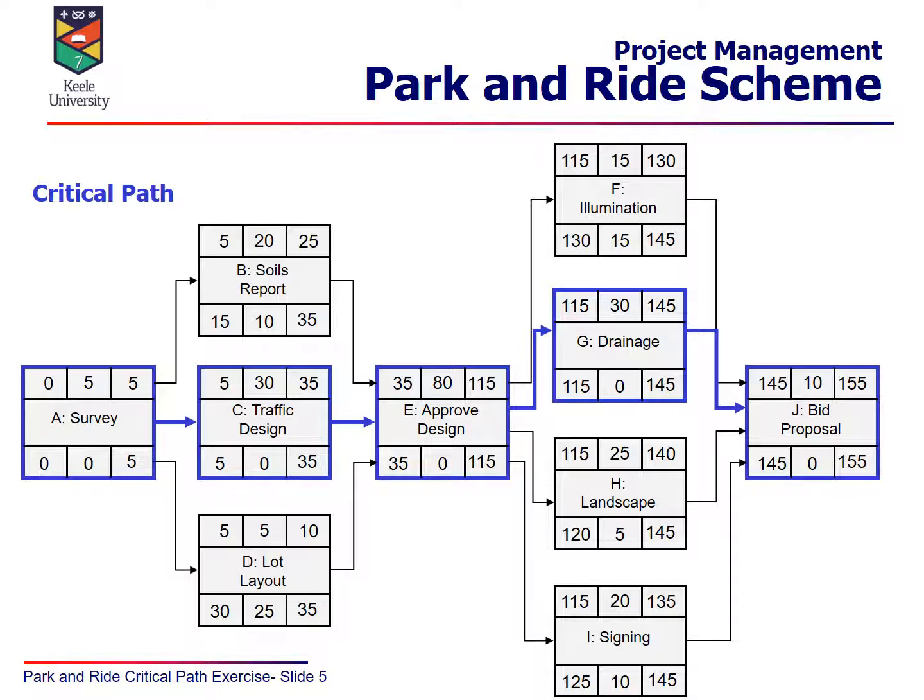This is why it's called critical. Things must be done in that time. So if we delay any activity by a day on that route, on that path, that actually puts the project behind. Or likewise, if we want to reduce the time of the project, those are the activities where we might look to try and save some time, because a day saved on the critical path means that we actually save a day on the project overall.